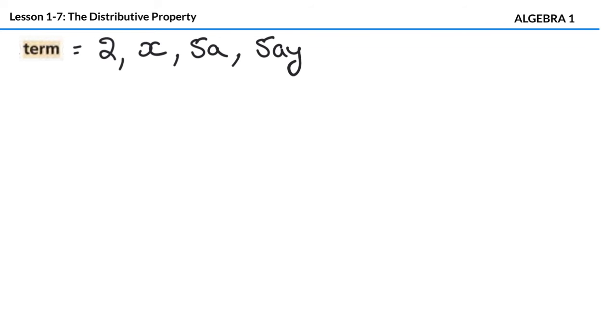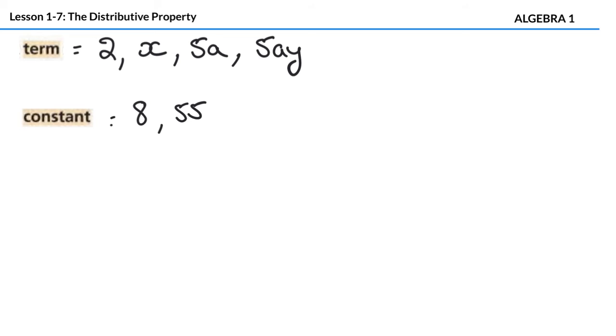Now, what is a constant? A constant is a term that has no variables. For example, 8. It's a constant because it has no variables. 55, a constant. It has no variables.